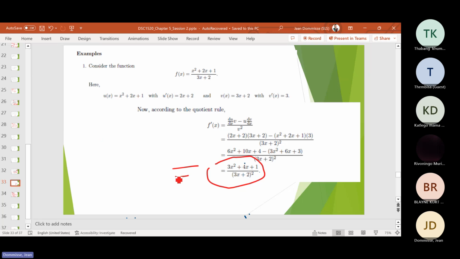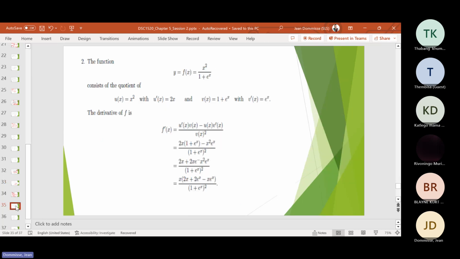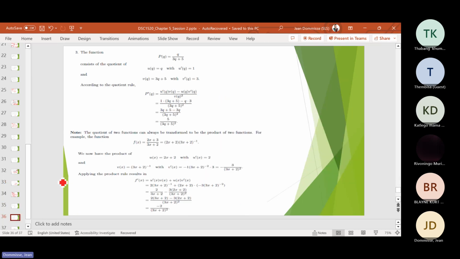So at this point, I would have once again gone to your answer set and check, okay, is there actually one of the answers that you're looking for, before we even go into trying to simplify it. Okay, so that is your quotient rule.